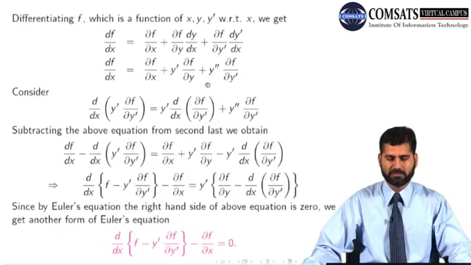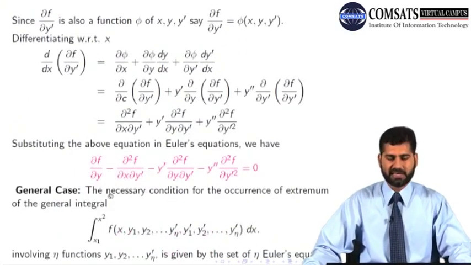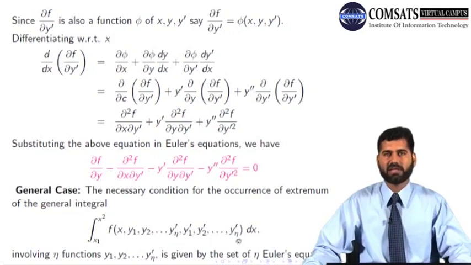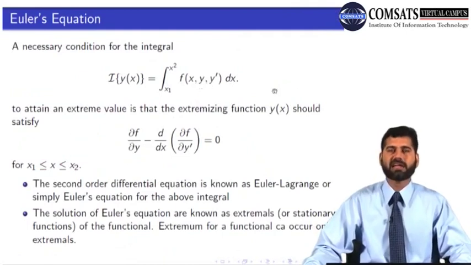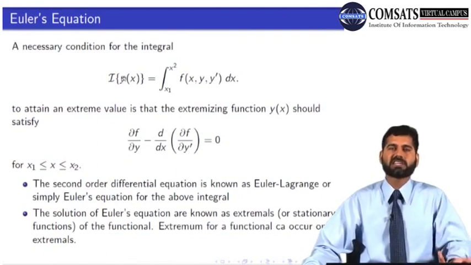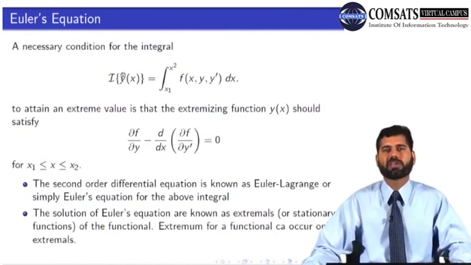So in general, the necessary condition for the occurrence of an extremum of the general integral, which depends on x, y1, y2 up to y eta, and then y1 prime, y2 prime up to y eta prime, and so on. This function can depend on y, y prime, and so on, and it can also depend on more than one function.